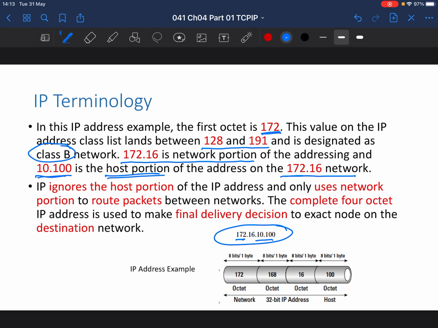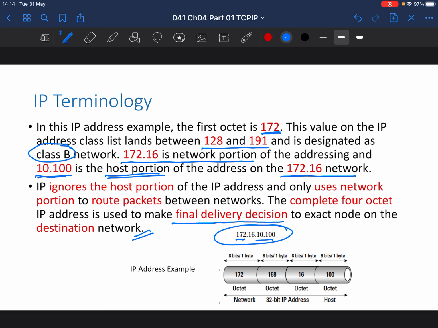IP ignores the host portion of the IP address and only uses the network portion to route packets between networks. The complete 4-octet IP address is used to make the final delivery decision to the exact node on the destination network. So this is the IP address example.